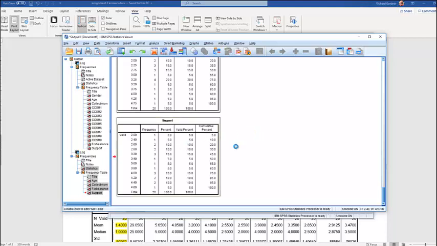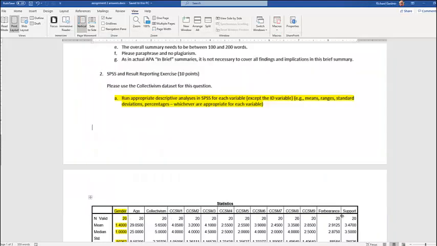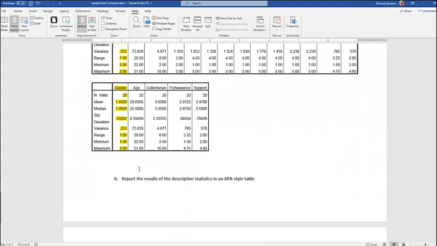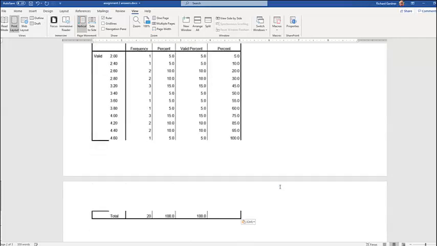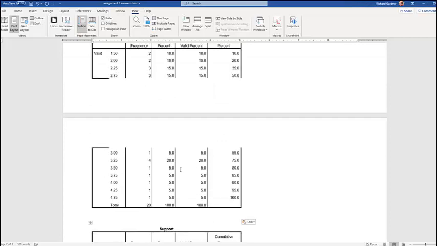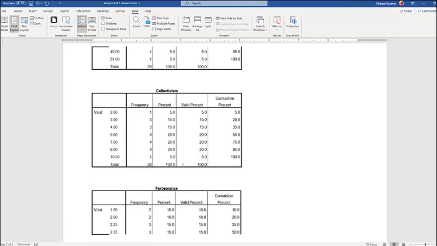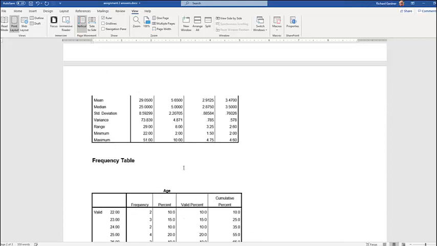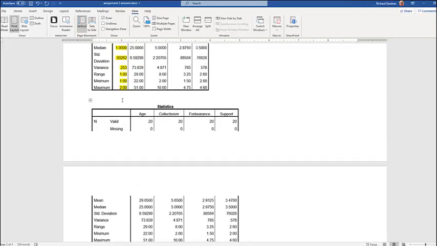I'll leave it up to you guys, because the percentages of each one, that's really too much data. So there's the original ones, and these are the percents. Again, I'll leave it up to you guys if you want to leave them in there. But here's the main one, and this is the statistics one.